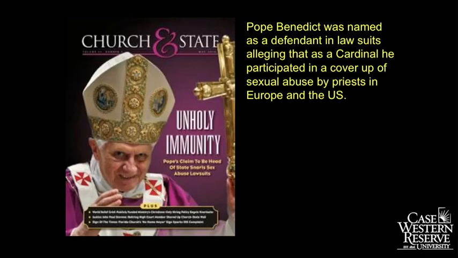And there was a scandal that erupted a few years ago where it came to light that many priests in Ireland, in Europe, in the United States, really throughout the world, were engaging in abuse, sexual activities with young boys and other children, and that the church was not blowing the whistle on these people, was not sending them to be prosecuted by local authorities.